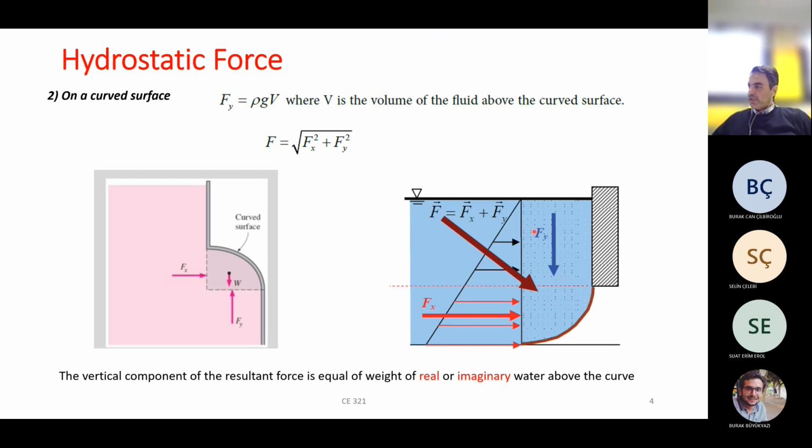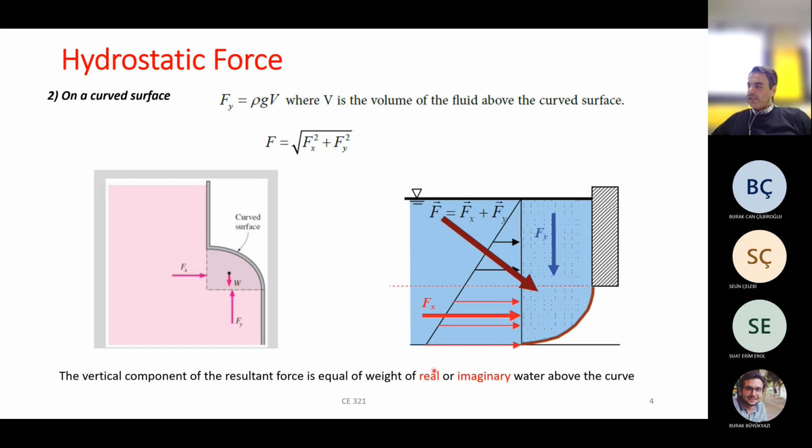This is my H. And the pressure at the bigger base of this trapezoid equals gamma times the entire H. Then you have this trapezoid, the lengths of the bases are at hand, so you can find Fx. We will see some examples and I will show you how you can find this Fx.